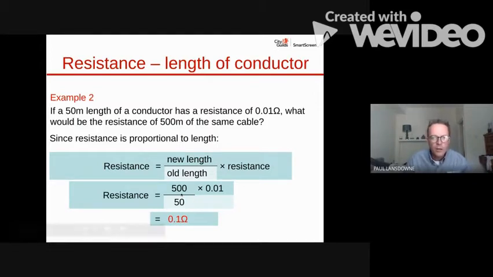We've got 500 meters and 50 meters, so we can see that the new length is 10 times greater. So the resistance would be 10 times that. We times that by 10 and we get 0.1. So the new length is 10 times greater, so the resistance is 10 times greater.